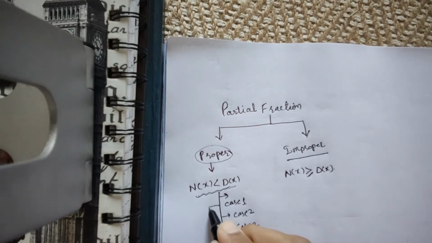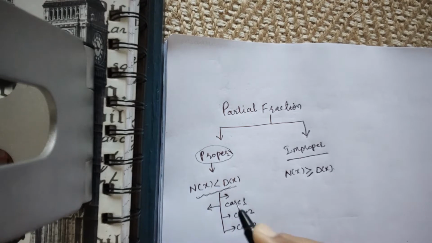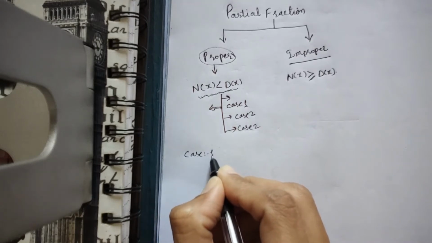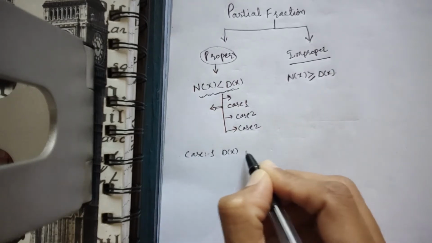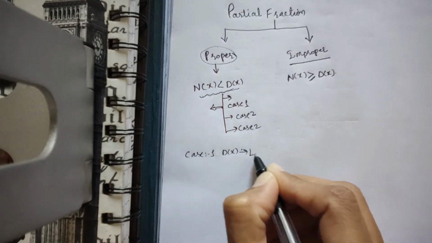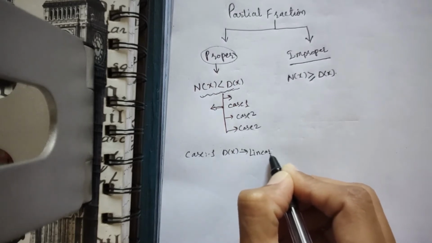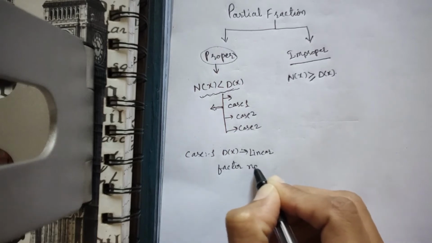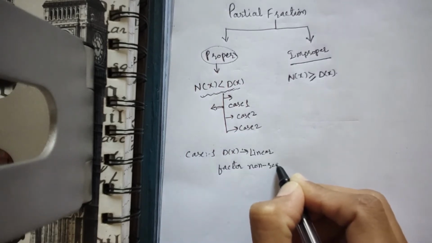So what was our case 1? If the denominator D of x contains a linear factor, non-repeating linear factor.